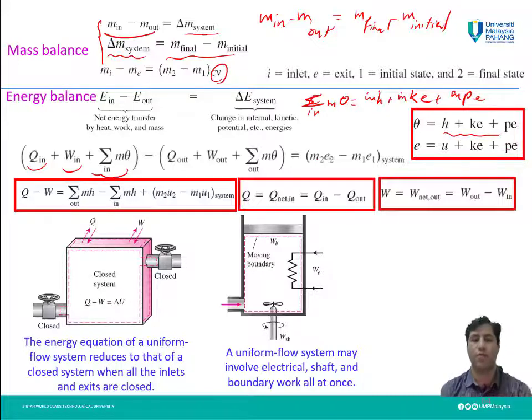So M2 E2 minus M1 E1, where E2 means U2 plus KE2 plus PE2, the internal energy, kinetic energy, and potential energy at the final state, and U1, KE1, PE1 are the internal energy, kinetic energy, and potential energy of the system at the initial state.